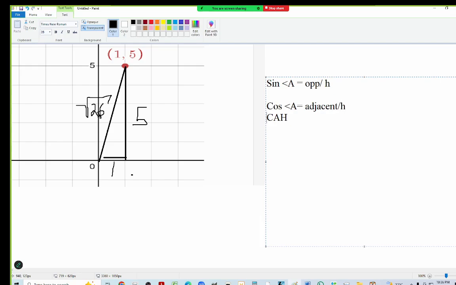It's always an h. The only one without an h is the tan, which is TOA. Opposite over adjacent side.